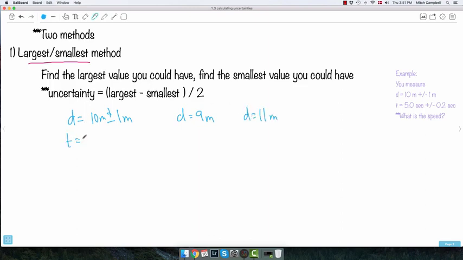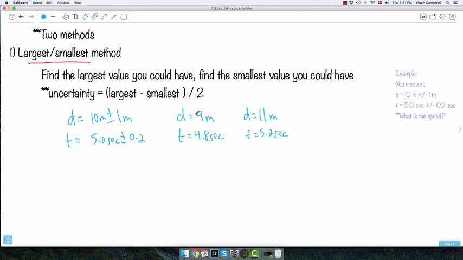Just like your time: 5.0 seconds, plus or minus 0.2. So your time could be as small as 5 minus 0.2, which is 4.8 seconds, and as high as 5 plus 0.2, which is 5.2 seconds. This is your range of values for d and for t.